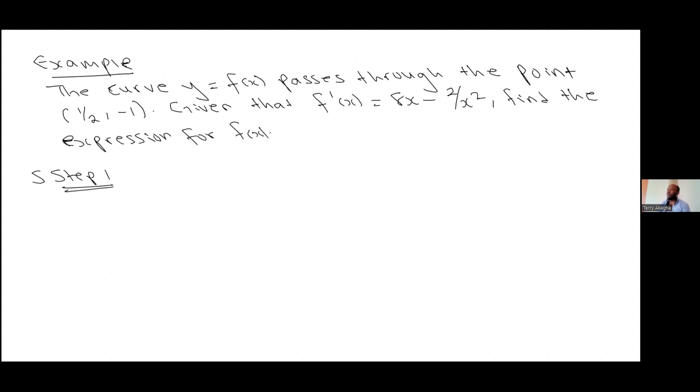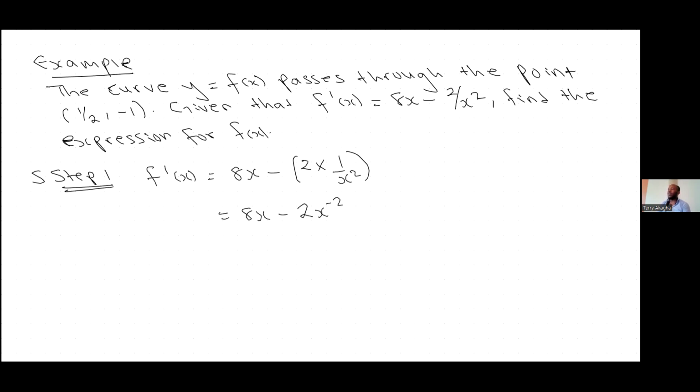So f prime x or dy over dx is going to be 8x minus. Now we have to convert this to index form. So this is the same thing as saying 2 multiplied by 1 over x squared, right? So we can convert 1 over x squared to index form, and that will give us 8x minus 2x minus 2. Are you seeing it?